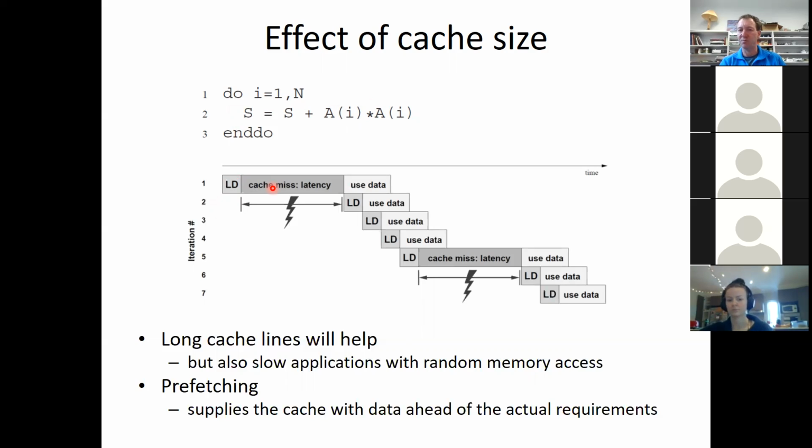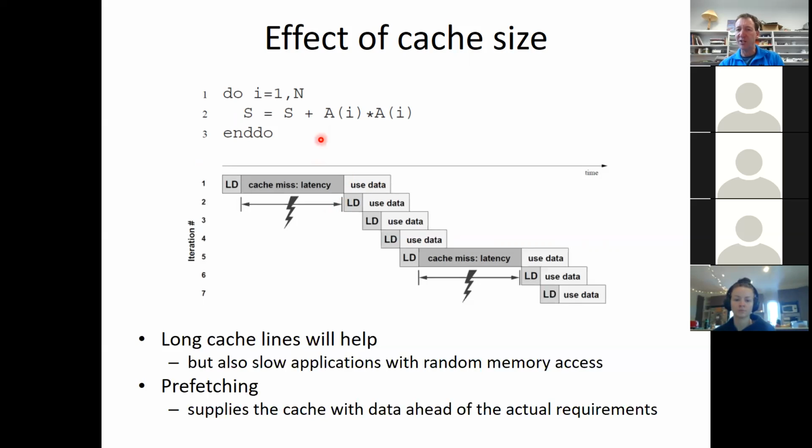It's not in the register, so we look in the L1 cache, and if it's not in the L1 cache, we look in the L2 cache and so on. It takes a long latency before the data comes from the higher memory hierarchy into our cache, and then we can use the first data element after it has arrived in the cache.